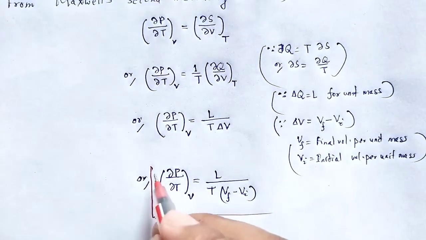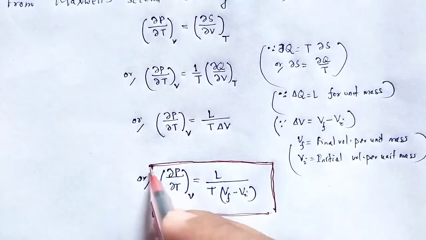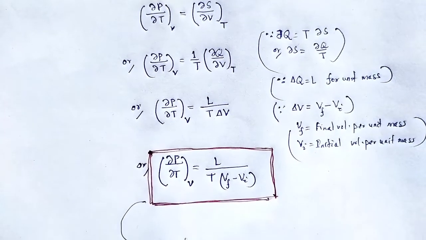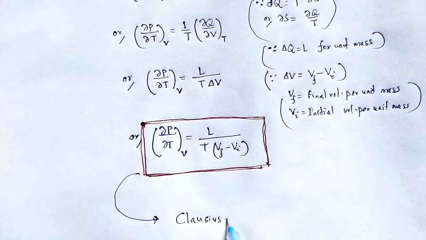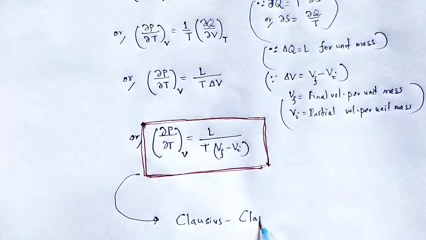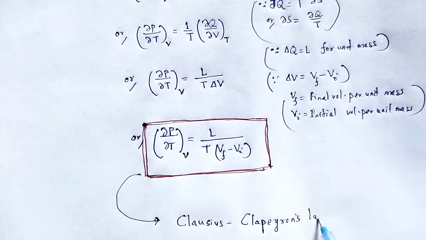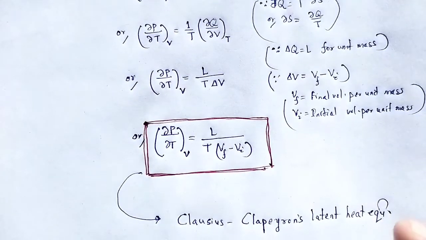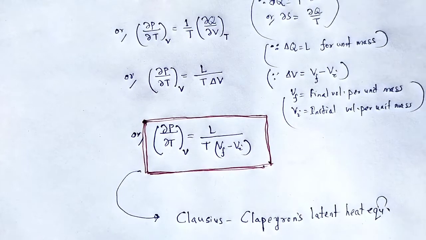This is an important equation, and that equation is known as the Clausius-Clapeyron latent heat equation, and this is the general relation which applies to change of state involving latent heat.